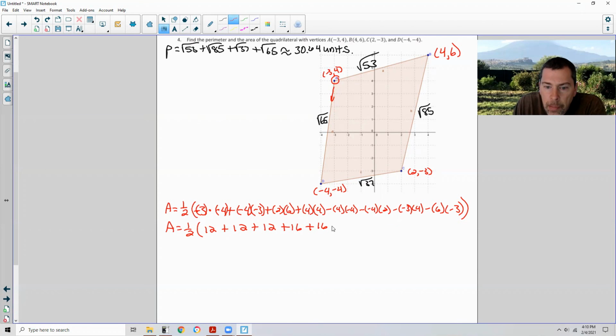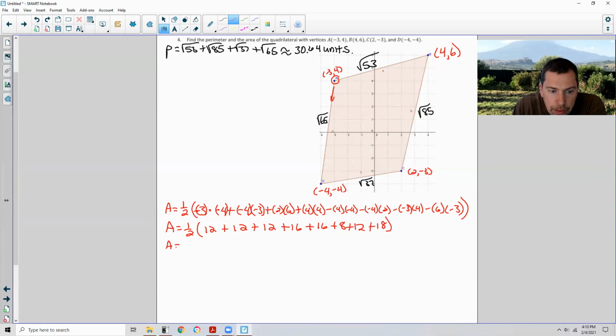Yes. Minus negative times a positive 8 is a plus. Minus negative 3 times 4 is plus 12. Minus a negative times a positive, which would be a minus a negative, which is plus 18.